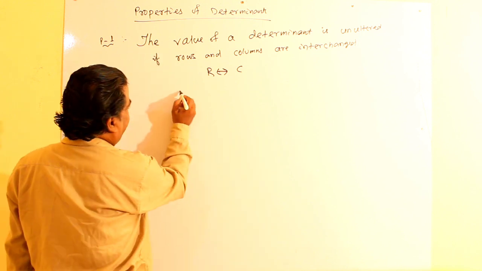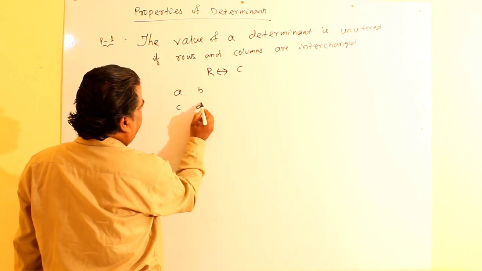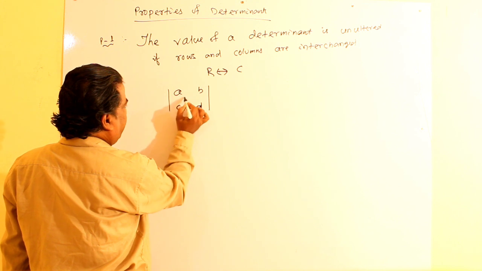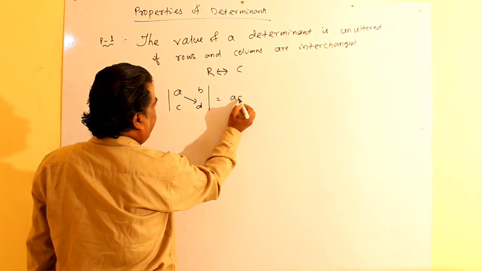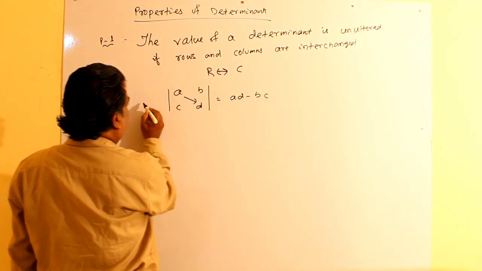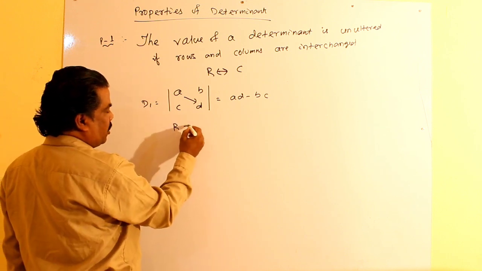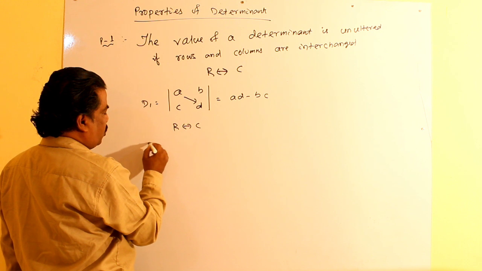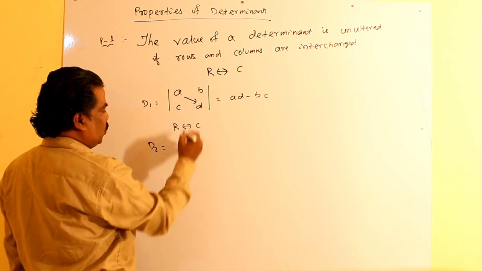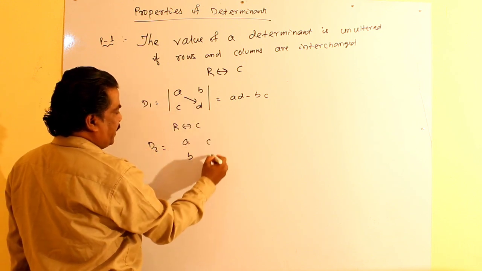If a determinant is ABCD, then the value of the determinant is equal to AD minus BC. If you change rows as columns or columns as rows, then determinant is equal to ABCD.